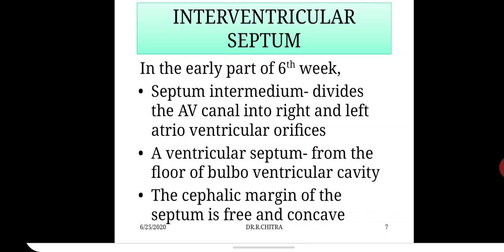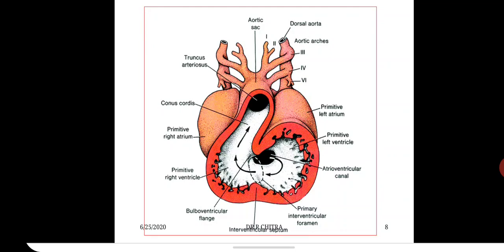This cephalic margin of the septum, if you see, presents a dorsal horn and a ventral horn. So this is how, if you see, in the floor of the common bulboventricular cavity, a small interventricular septum starts to appear. Due to the expansion of the bulboventricular cavity, this septum appears.